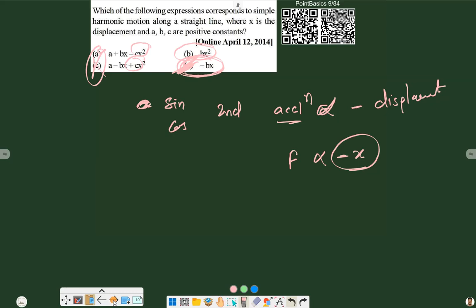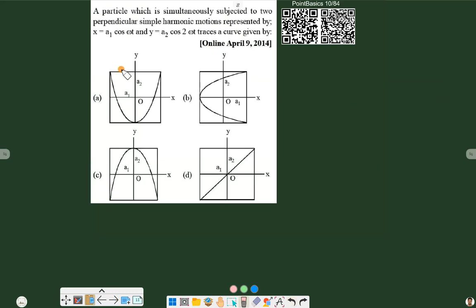Moving to the next question. Here we have again x is equal to a1 cos omega t and y is a2 cos twice of omega t, and we have to find which graph equation fits properly.